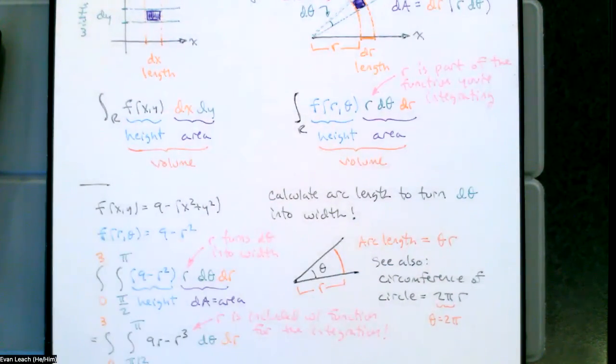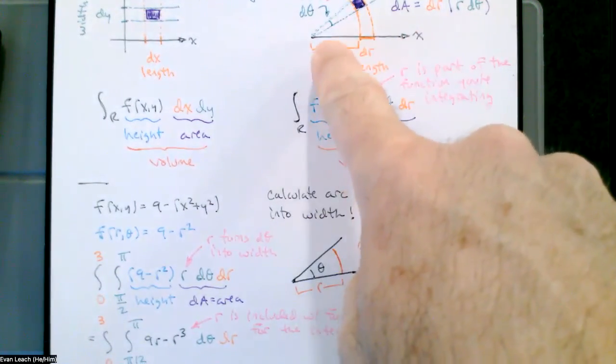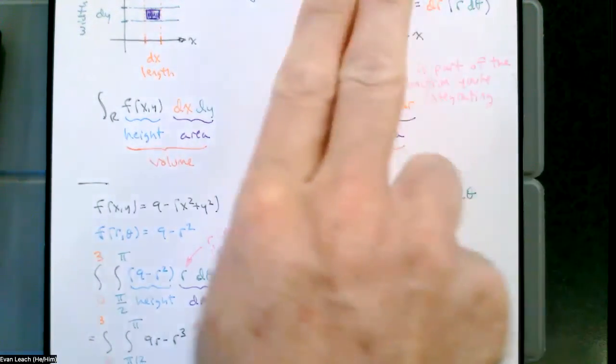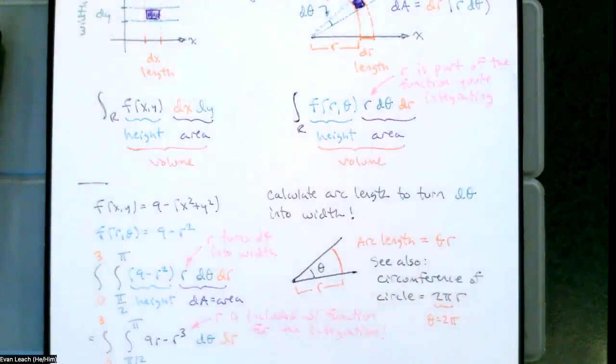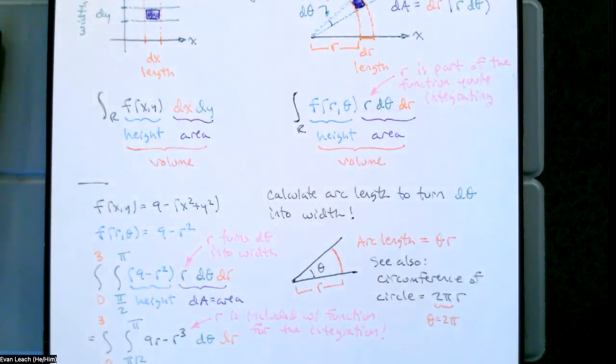But the point of thinking of it that way is that when we switch to a different coordinate system, when instead of x and y, we have r and theta, changes in angle are not lengths. So they don't fit into our dA or our upgraded dV. We have to use the arc length to convert our changes in angle to changes in length, width, or height.